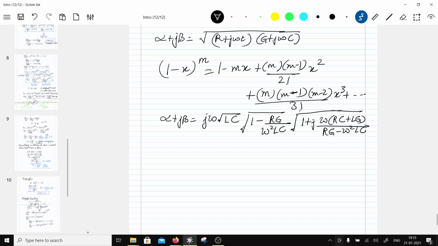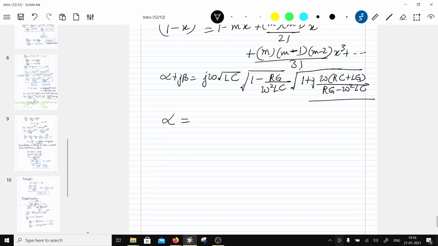Okay, so now I can do the expansion of this term, and then I can substitute that in here, and then I can separate out real and imaginary. So I will get alpha and beta.